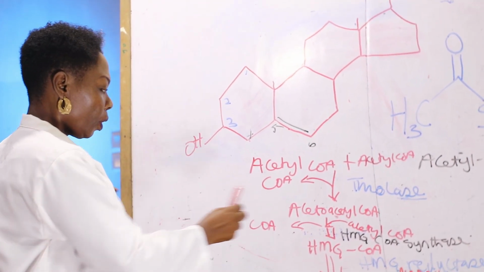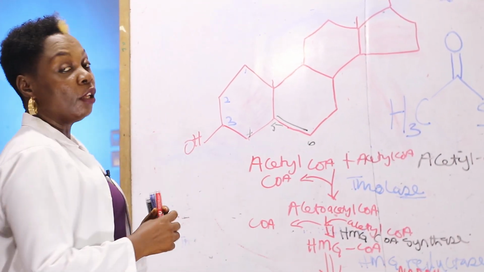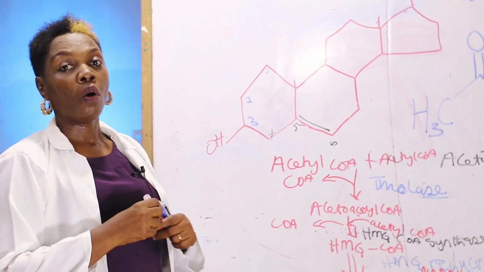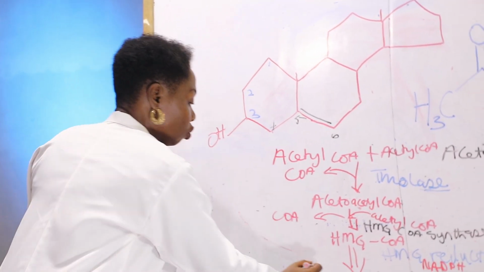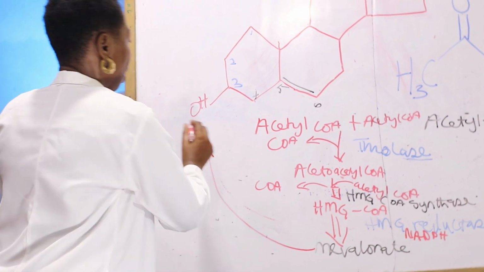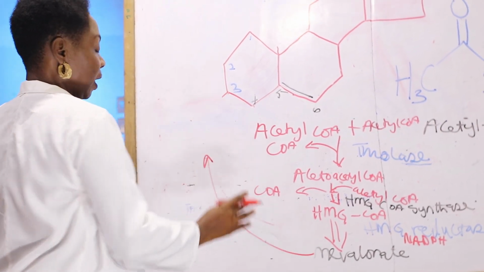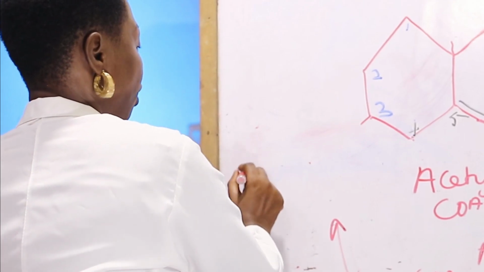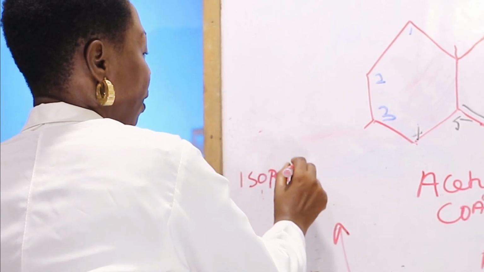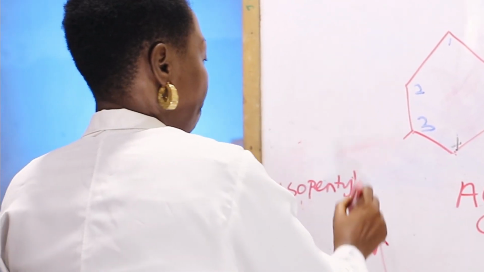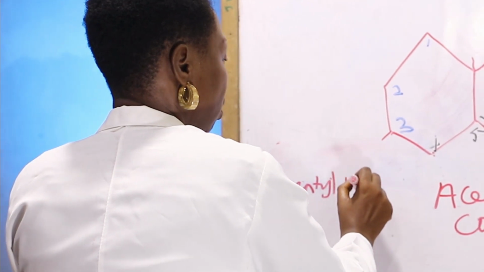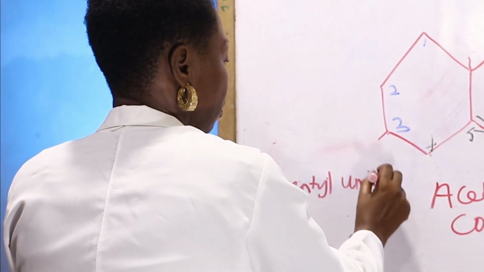Now, from mevalonate, we begin to have a series of condensation reactions. So I'll just draw this up. We'll have isopentyl units.